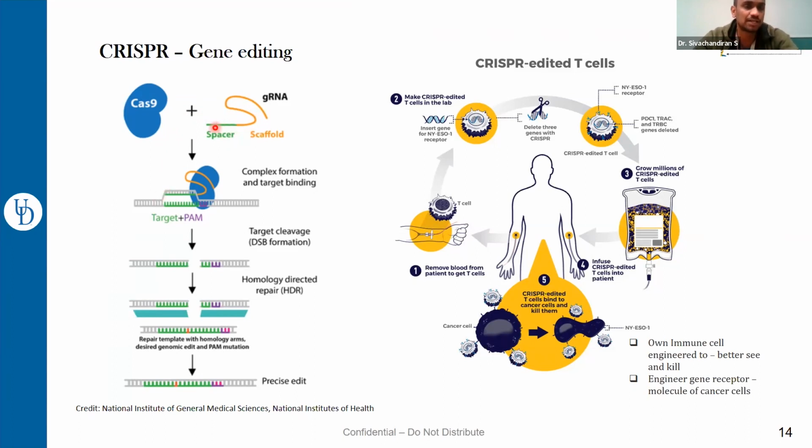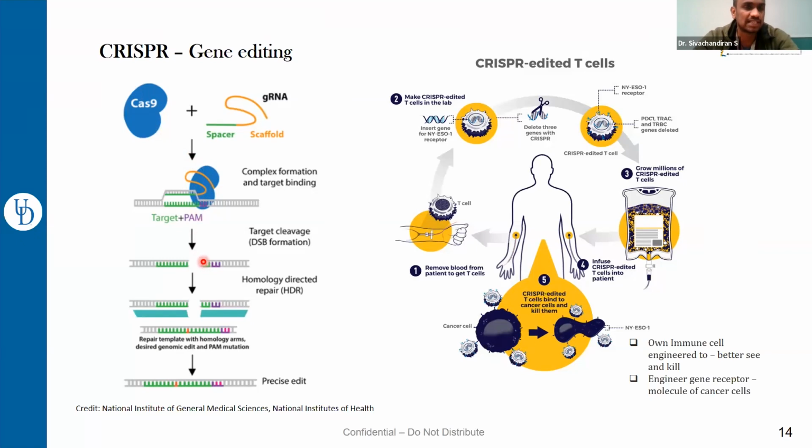Based on that, it can go and bind to the target part of the genome, and once it binds, the guide RNA forms a scaffold, and the scaffold will recruit the Cas9 to that region.